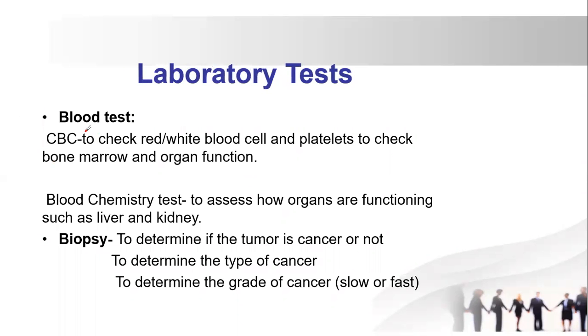Now, for lab tests, we can also perform blood tests like the complete blood count to observe the red and white cell and platelet amounts, and we can also perform a biopsy to determine if the tumor is cancerous or not, or even through biopsy we can determine the type of cancer, whether non-small cell or small cell, or squamous, adeno or large cell carcinoma, or even to determine the grade of the cancer, that is either fast or slow, or whether it is in the first, second, or third stage.